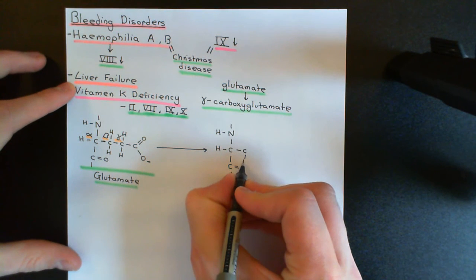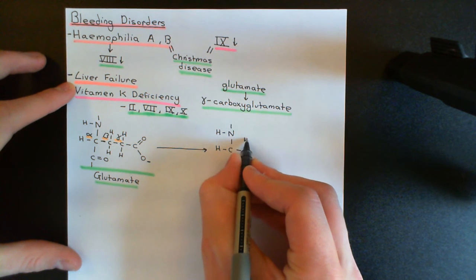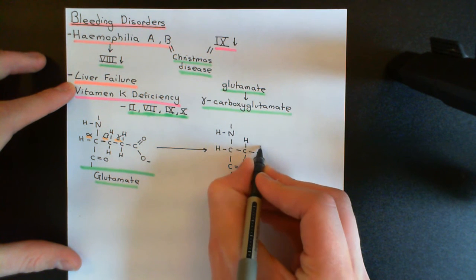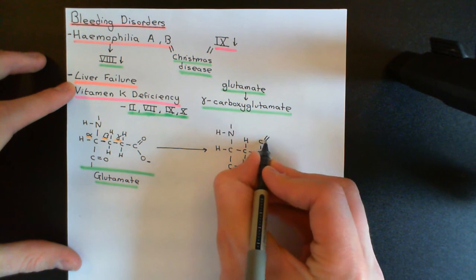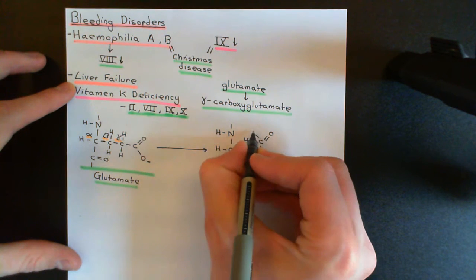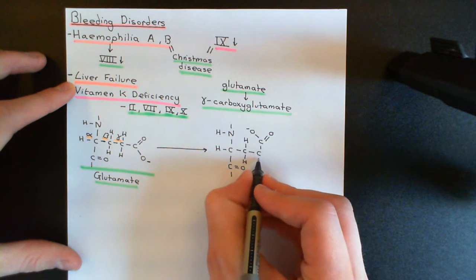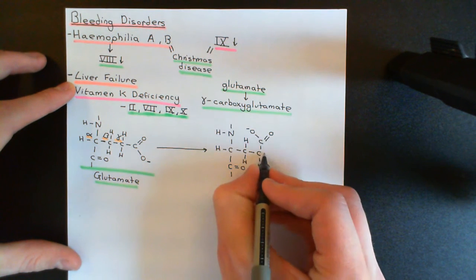So let me put this in. So here, this methylene group has been unchanged, and then now off the gamma carbon we're going to have another carboxylic acid group, and again under normal physiological pH this will have lost its proton, like so.